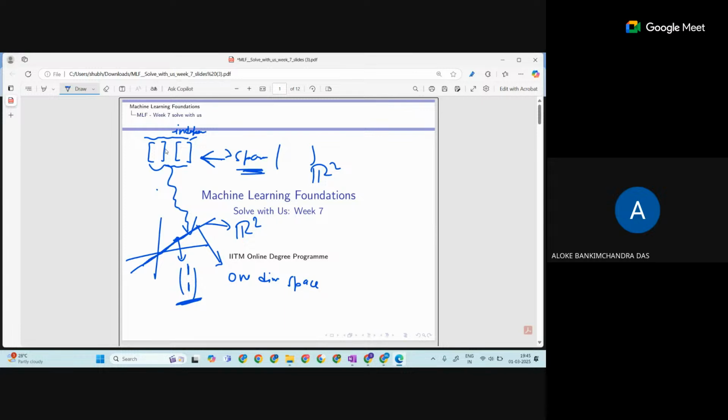If z is 0, then you can say x, y is a plane. You have to say z is 0. Otherwise, without the third dimension, you cannot say this is a plane. In R2, we cannot say.